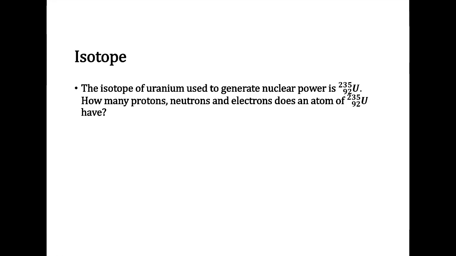Let's look at an example. Our next topic with respect to these subatomic particles is an isotope. If we are comparing two isotopic species, by definition, these will have the same number of protons, but a different number of neutrons.